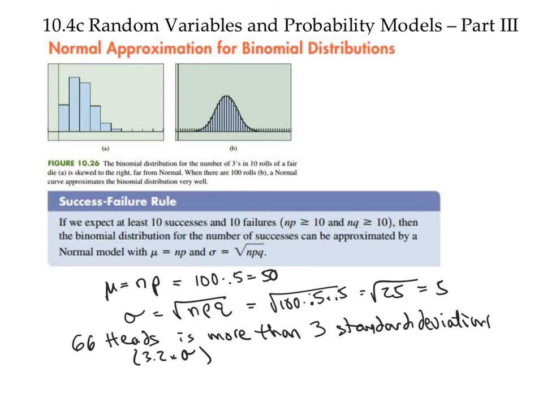So it doesn't prove that the tosser is cheating, but you'd have every right to be suspicious.